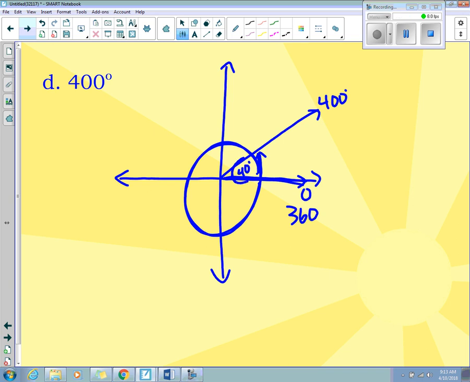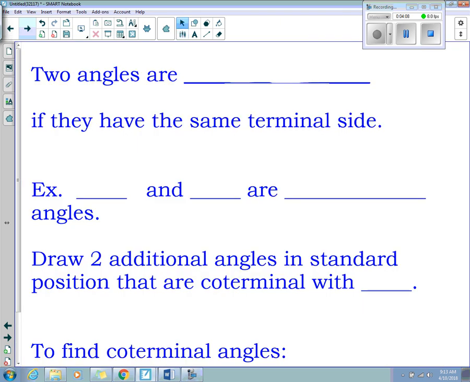The angles 40 and 400 both start and end in the same place. They don't have the same measure, but they do have the same terminal side. And angles that have the same terminal side are called coterminal angles. Make sure you write that down. So if they start and end in the same place, they are called coterminal.